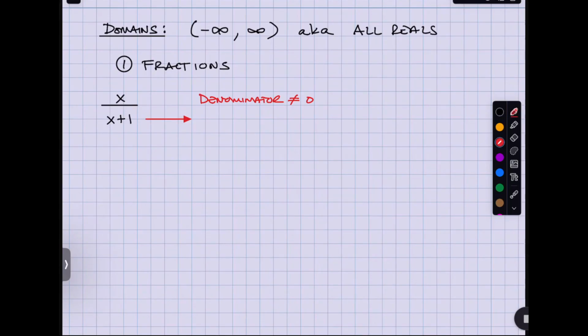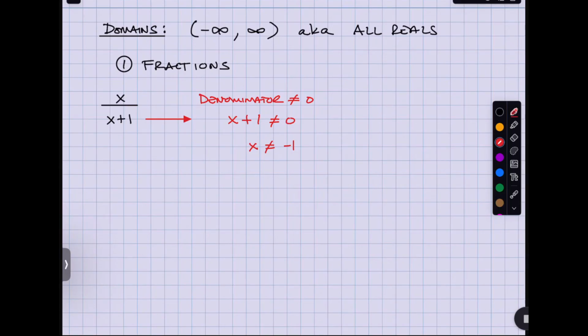So look at the denominator. We're going to take that denominator and say that it cannot equal 0. Let's solve for x. X cannot be negative 1. Everybody agree?